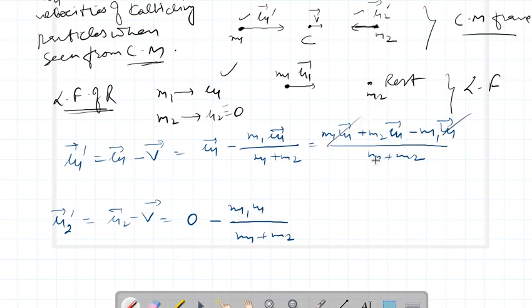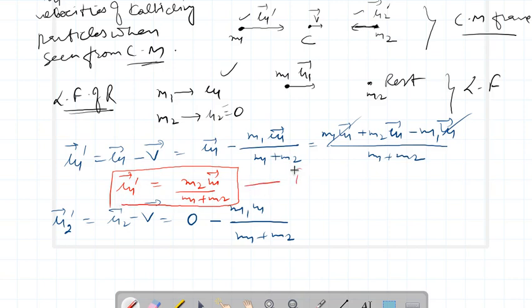So it will cancel out, and from here I can write down that u1 prime is equal to m2 u1 over m1 plus m2. This is one relationship which we are getting. Let me call this equation number 2.